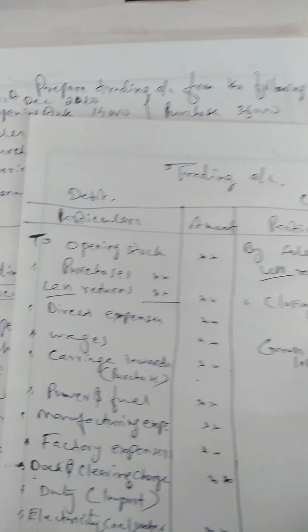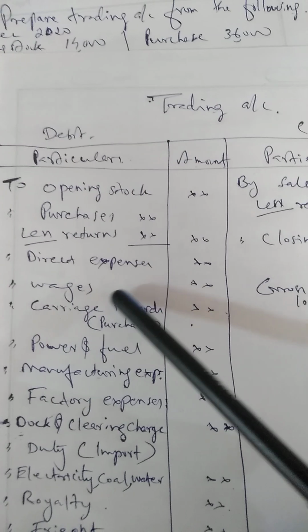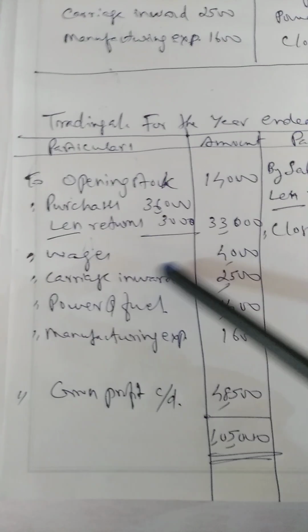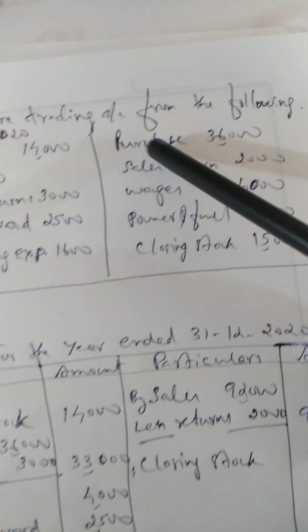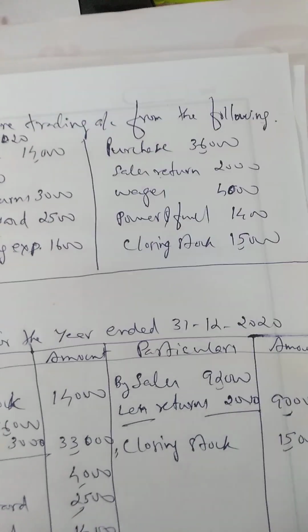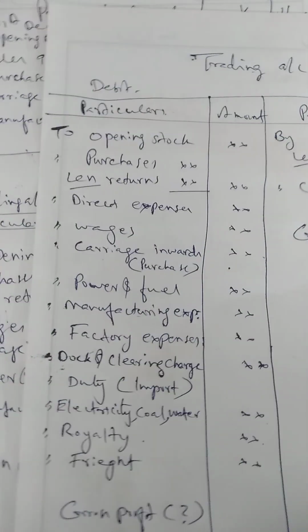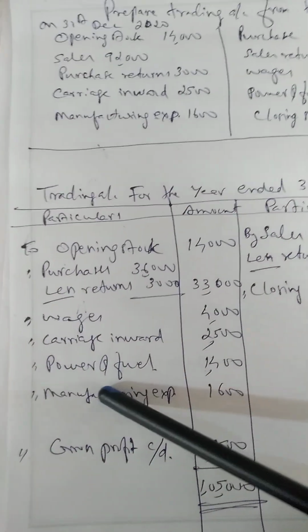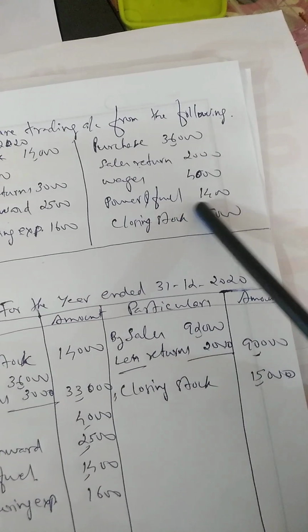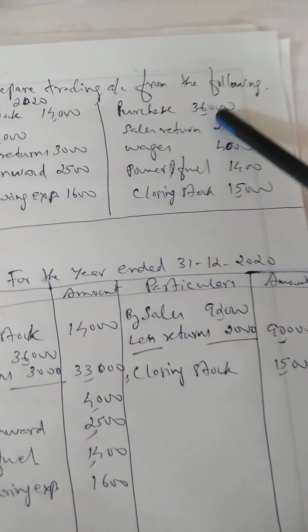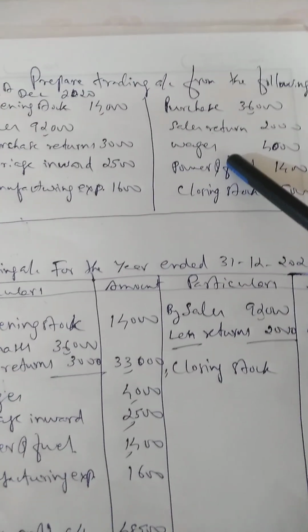If you check the format, you can see wages is an item to be debited in the trading account, so we write this wages also on the debit side. Then power and fuel. Look at the format. Power and fuel is an item to be debited, so it is also debited here. Power and fuel 1400 is debited here. So there is no item to debit in the trading account.